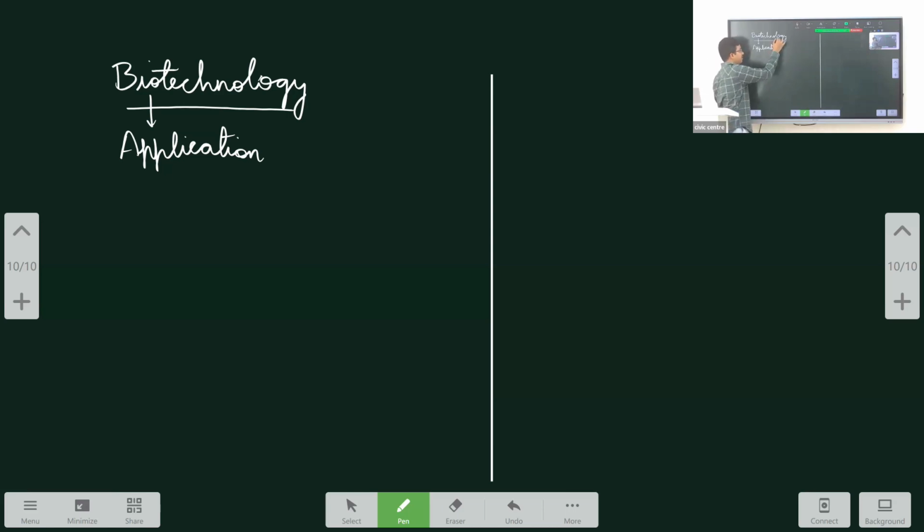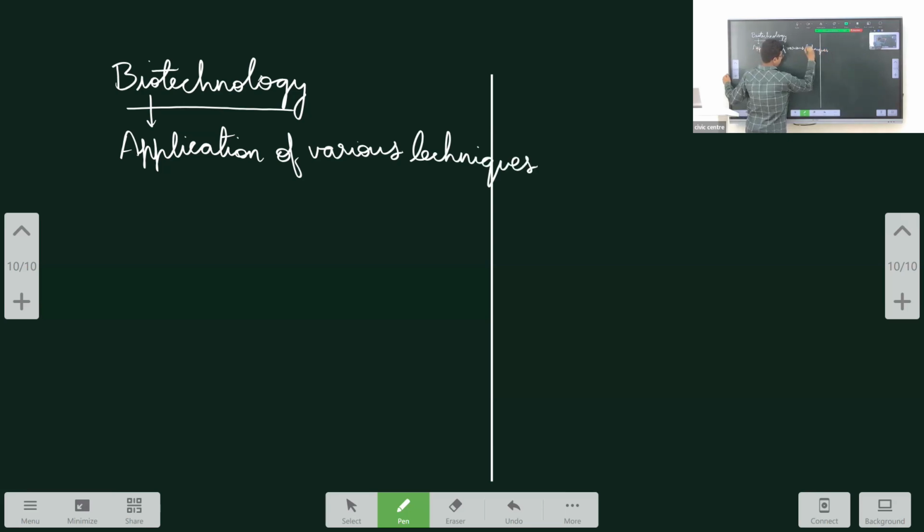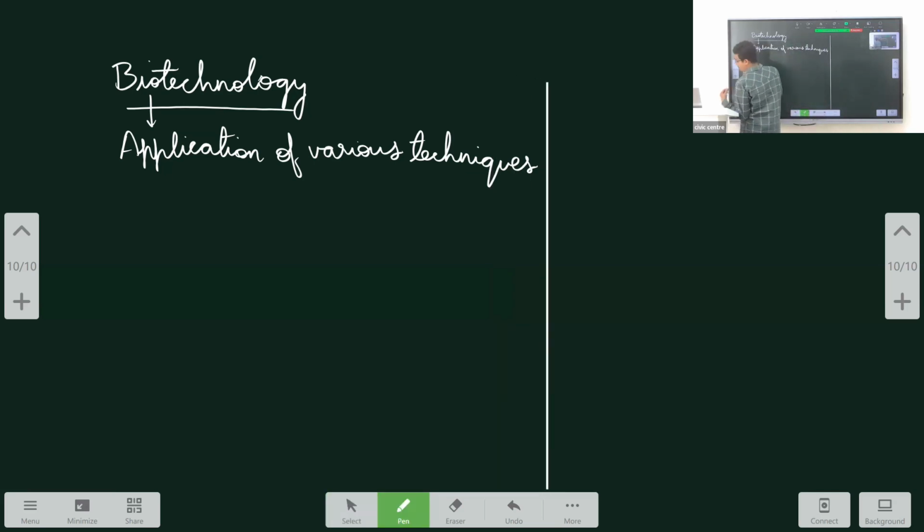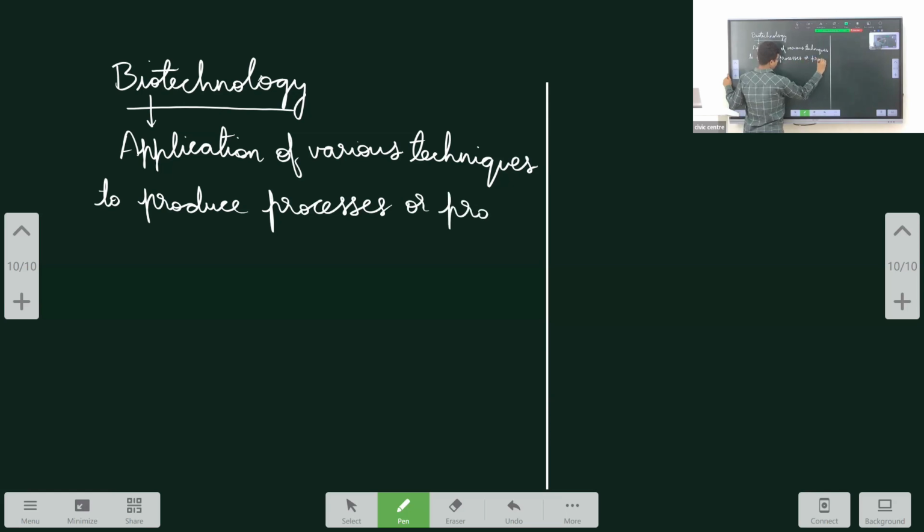Some definitions have been given by institutions across the world, but the basic meaning is: how do you apply various techniques to develop or produce various processes or products that are helpful to humans?